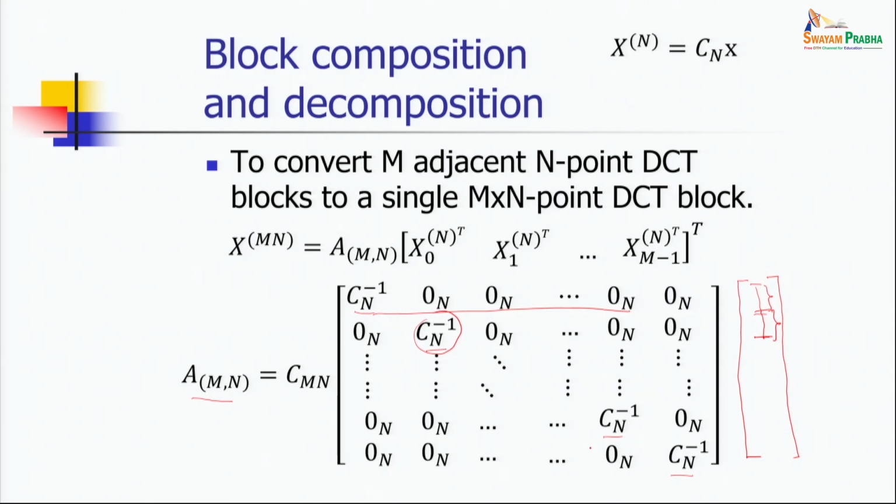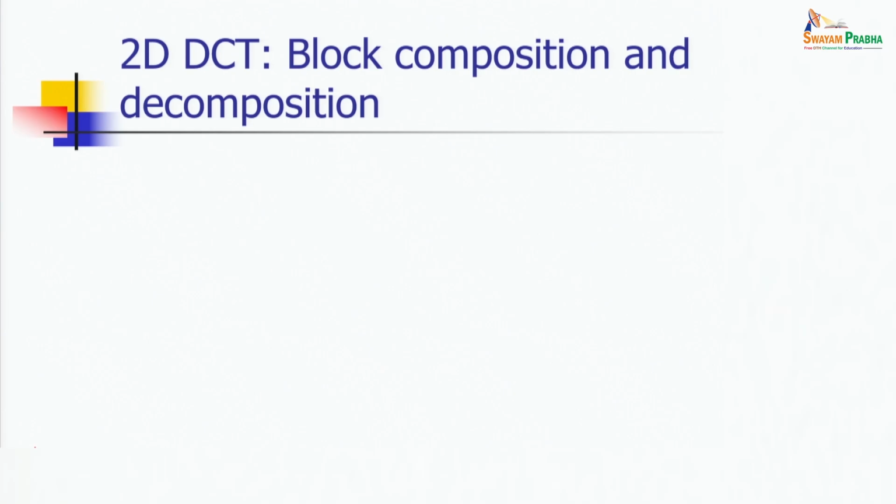So, these matrix multiplications will give me actually the spatial domain inverse transformation. Using this transformation matrix, we can make this kind of block composition of M adjacent blocks of N-point DCTs.